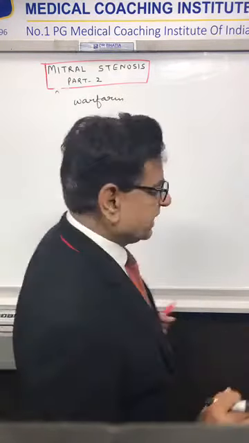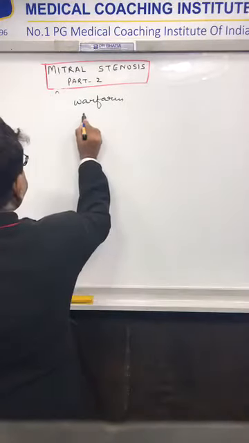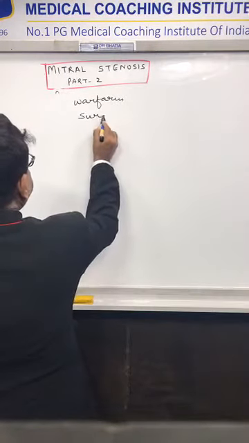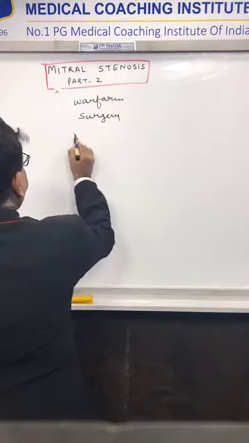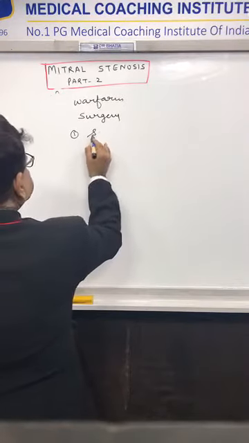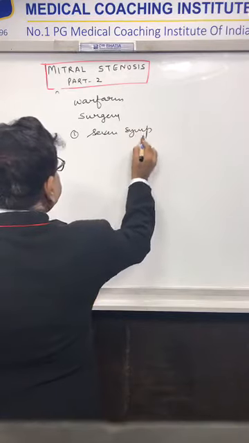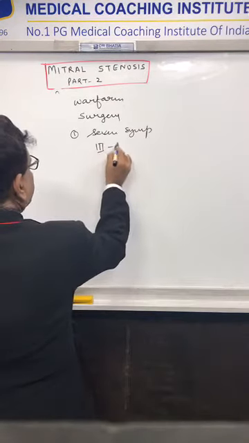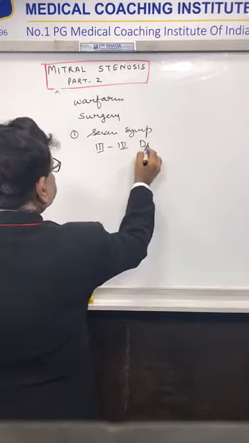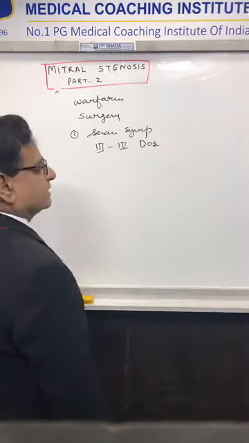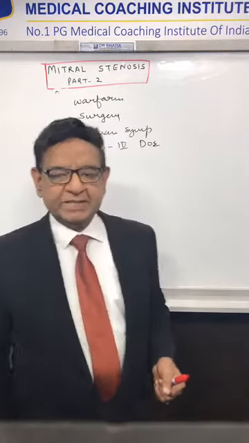Now, what are the indications of doing surgery in MS? First of all, the patient has severe symptoms. That means he has grade 3 or grade 4 dyspnea on exertion, despite adequate medical therapy.